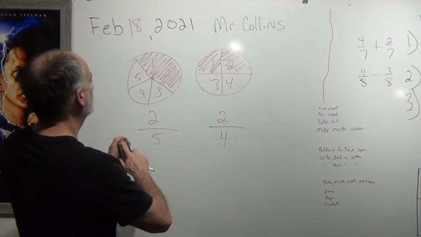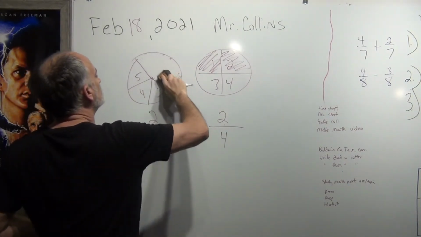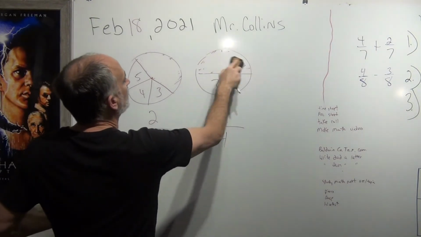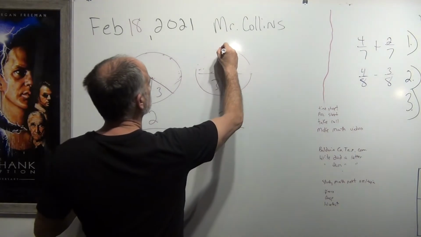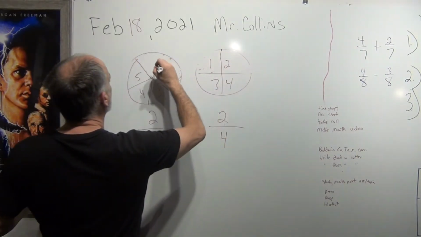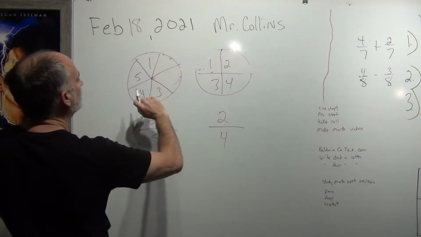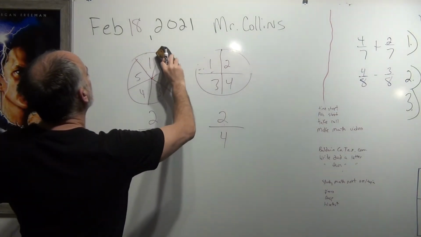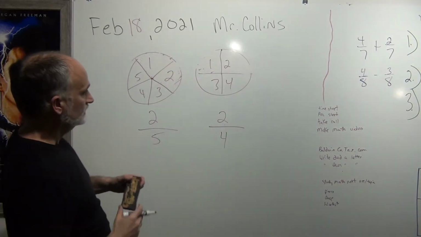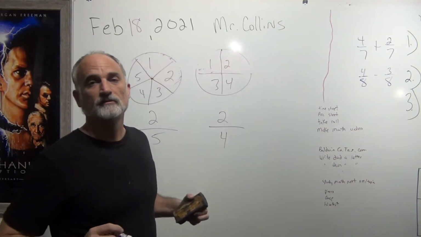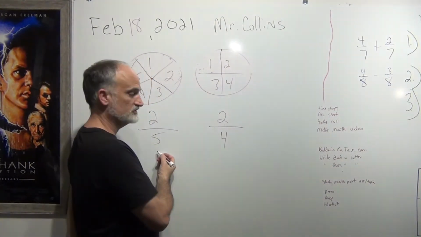What if I unshade this and we look at this? Aren't the pieces bigger on the 4 pieces? Look at that. Pieces are larger when the denominator is comparatively smaller.